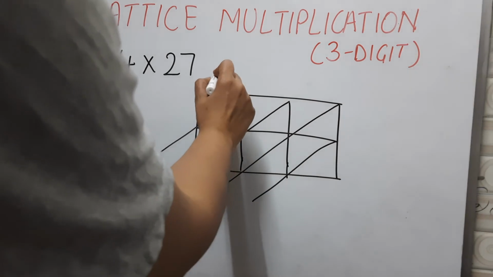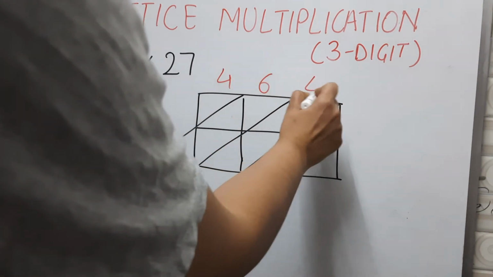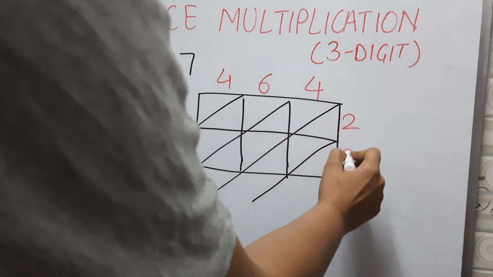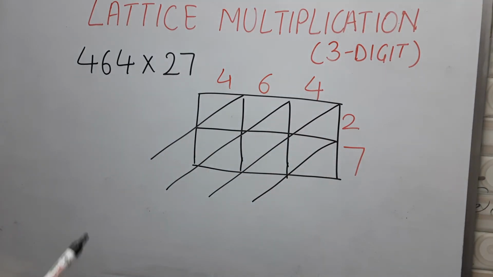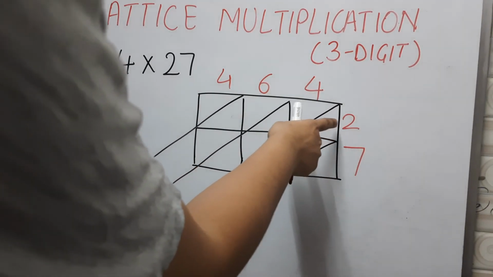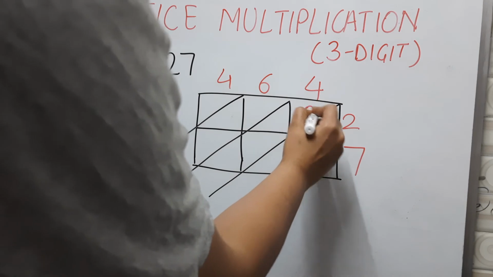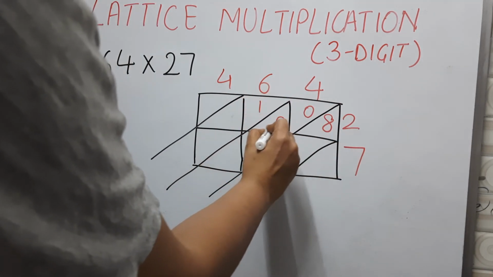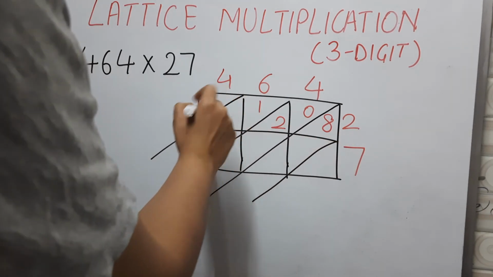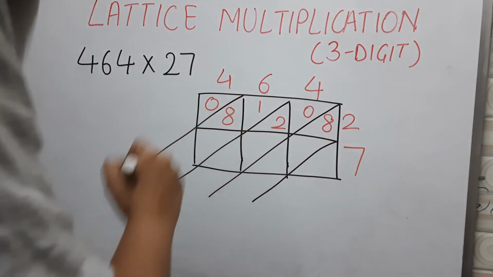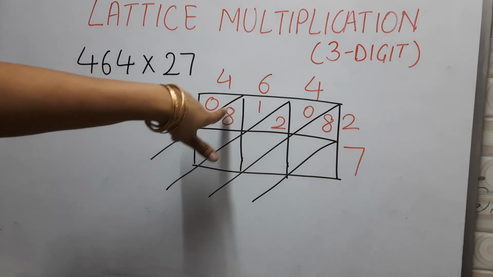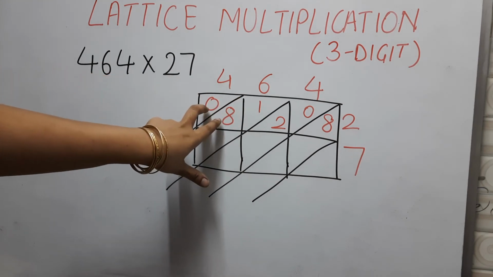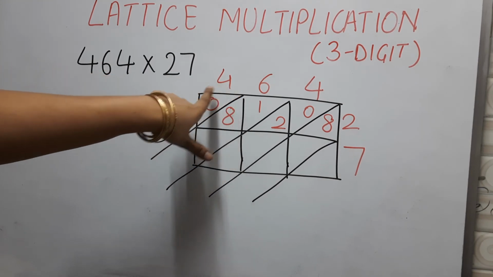Now let us write down the numbers. Here I have my multiplicand 4, 6, 4, and here I have 2 and 7. Let's get started with the multiplication. 4 2s are 8, so it is 0, 8. 6 2s are 12, so 1 and 2. 4 2s are 8, so 0, 8. I hope you remember that the diagonal divides the box into 2 parts.